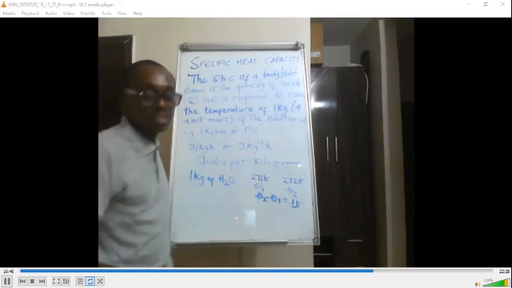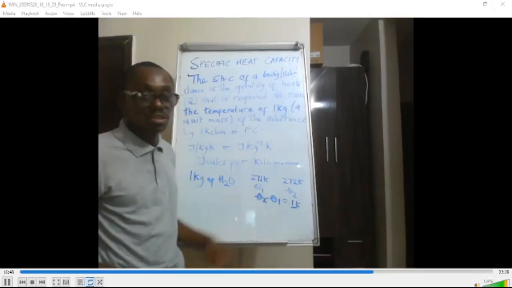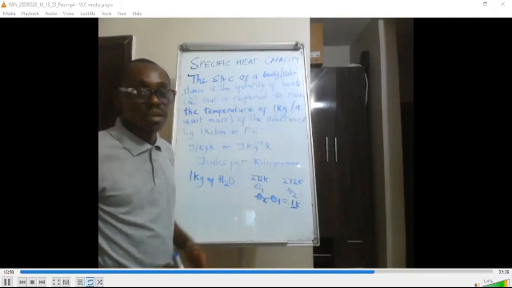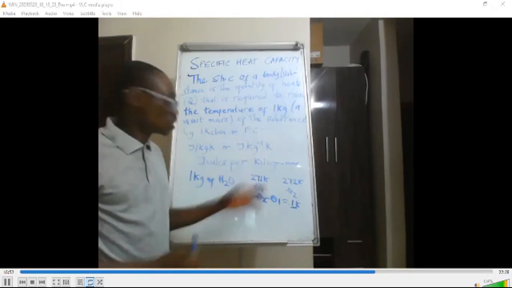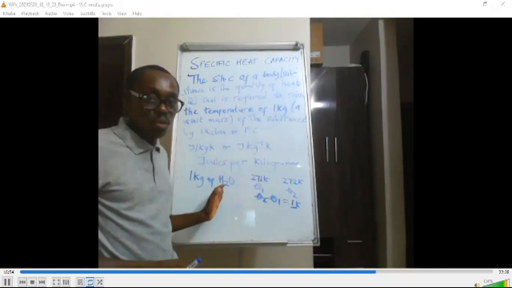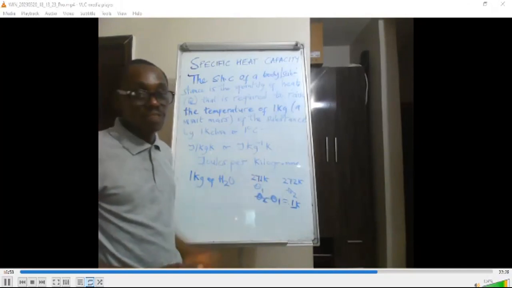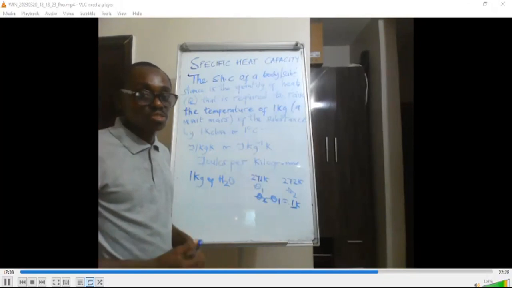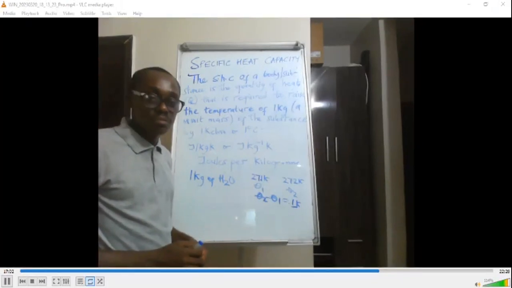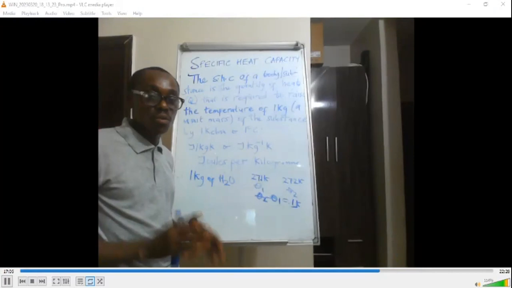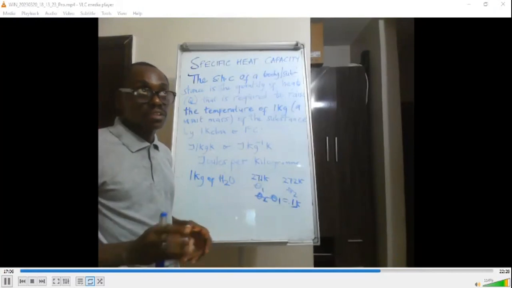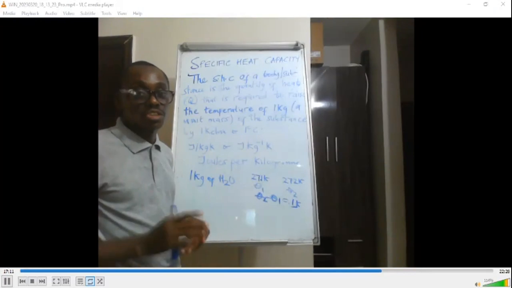Even in Celsius, it will still give you 1 at the end of the day. So how much heat do you need to raise this 1 kilogram of water by 1 Kelvin? Let's even assume water was at 300 Kelvin.